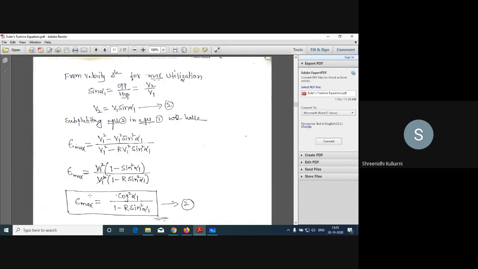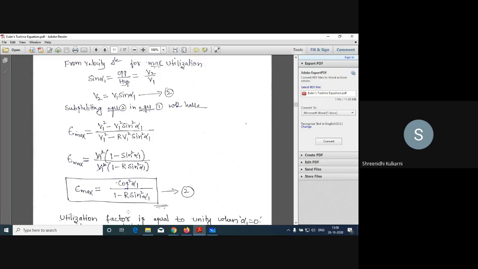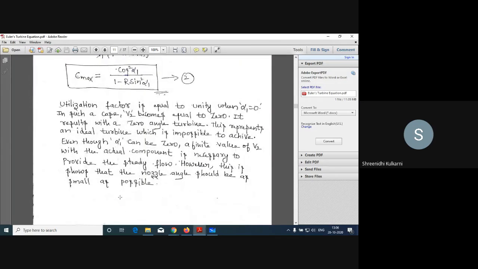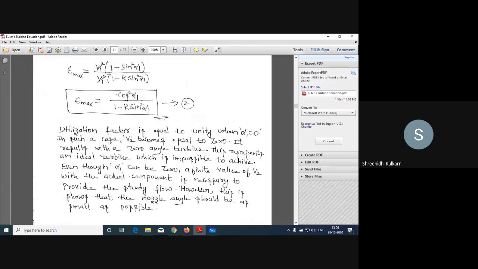While solving problems, if they ask for the maximum utilization factor, remember it is cos square alpha 1 divided by 1 minus R into sine square alpha 1. The utilization factor is equal to unity when alpha 1 is equal to 0.